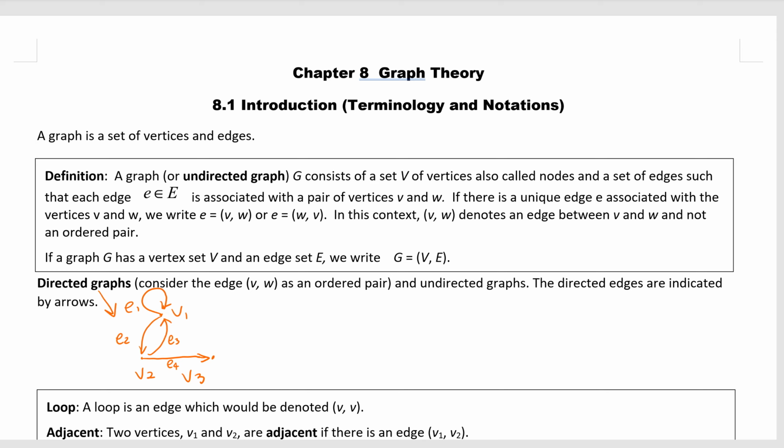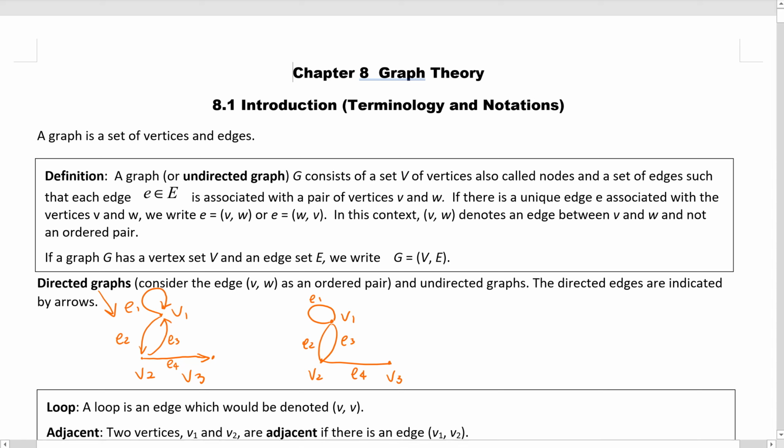And for an undirected graph, we just remove all the arrows. So we have V1, V2, and V3. This is also E1, E2, E3, E4. So in our directed graph, the edges have arrows, and in the undirected graph, we just remove the arrows.